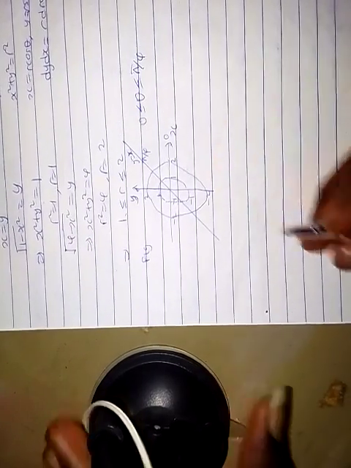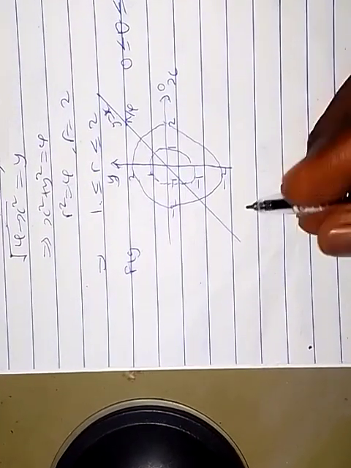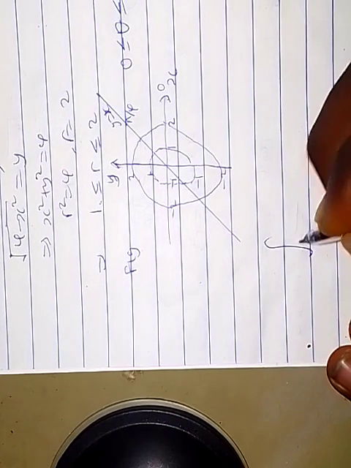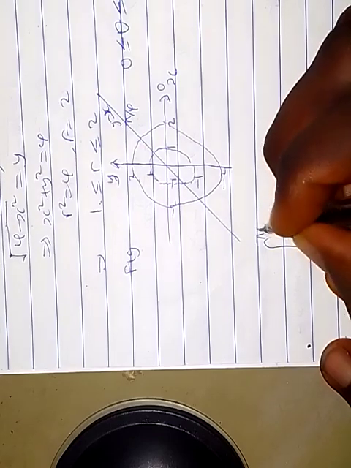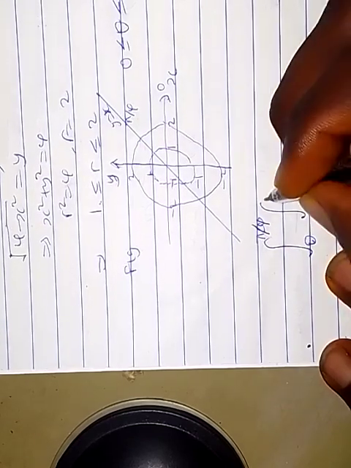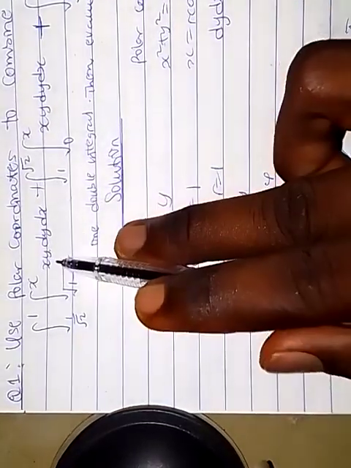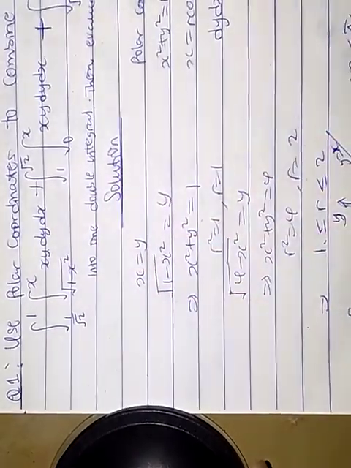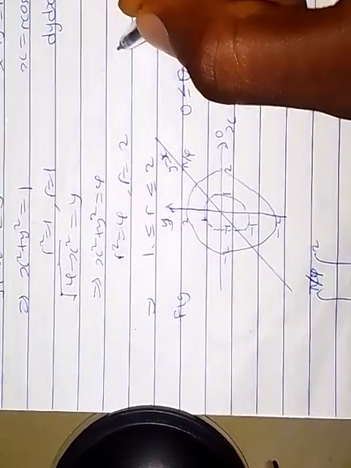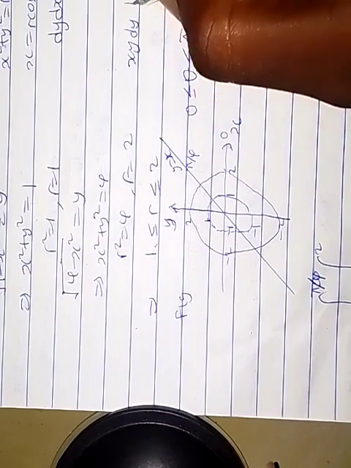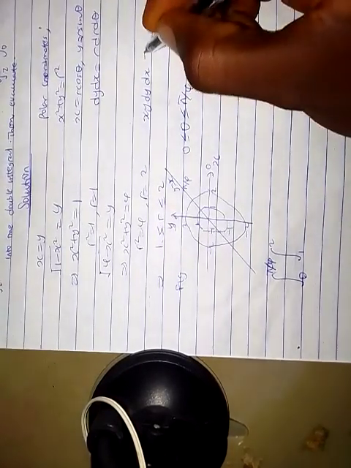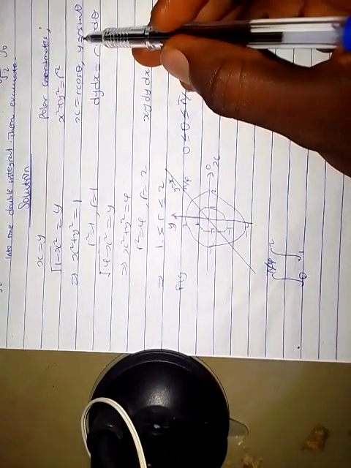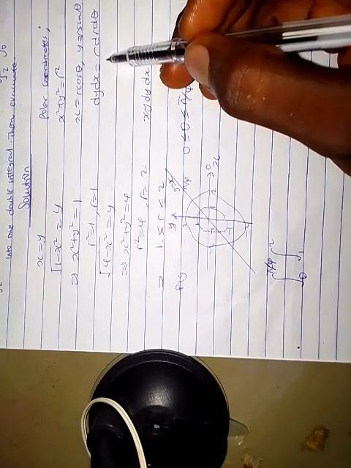Our double integral now will be evaluated from 0 to pi over 4 and 1 to 2, and to convert xy dy dx to polar coordinates, we have xy dy dx, which is the same thing as, x is r cos theta and y is r sin theta, and dy dx is r dr d theta.